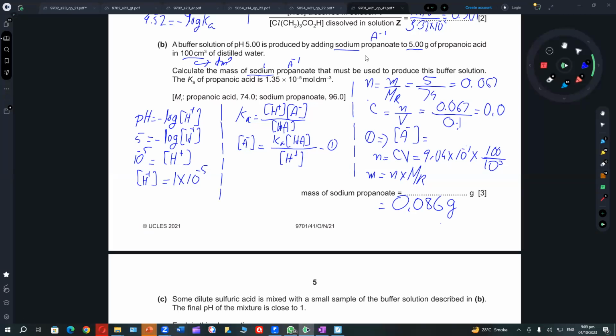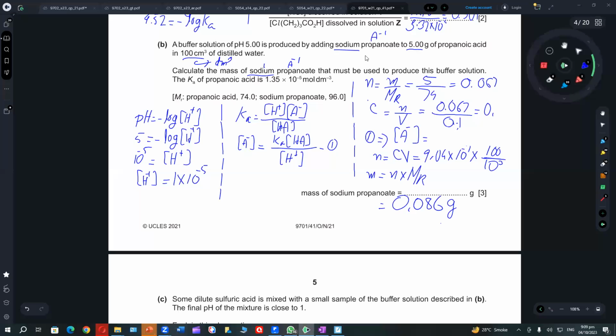0.603. How come? How is 3 coming? It's 0.067. Okay, sorry. Concentration is 0.67. Okay, got it, 0.67.